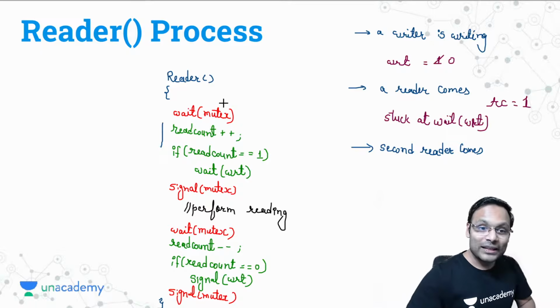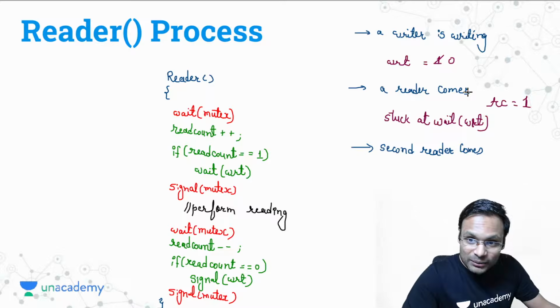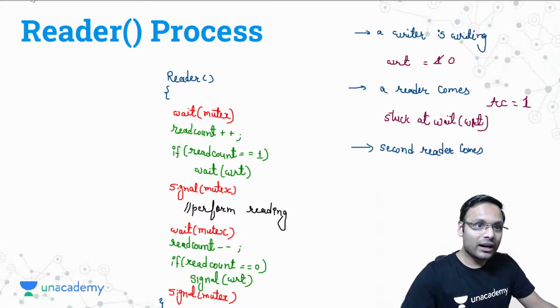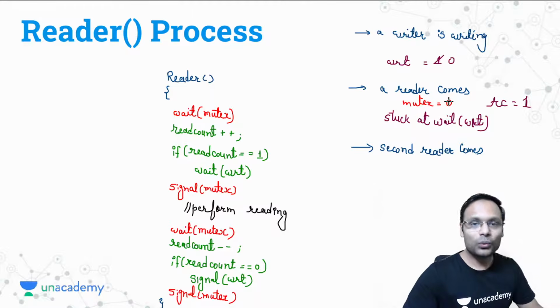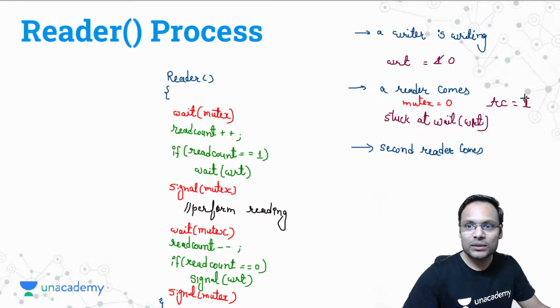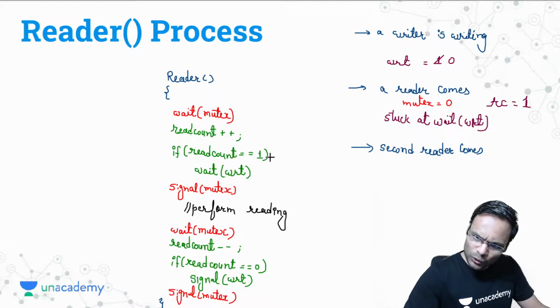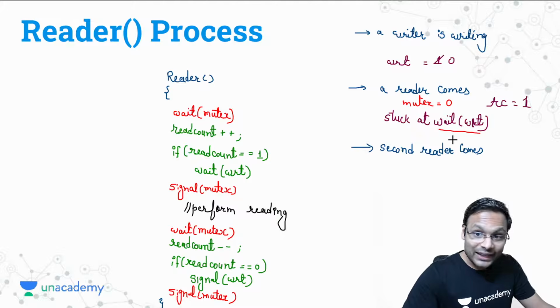Now listen, I missed one part that would confuse you. When the first reader comes, it will take a wait on mutex. Mutex becomes 1 to 0. Read count becomes 0 plus plus, 1. Read count is equal to 1. Stuck at wait here. Now the second reader comes.